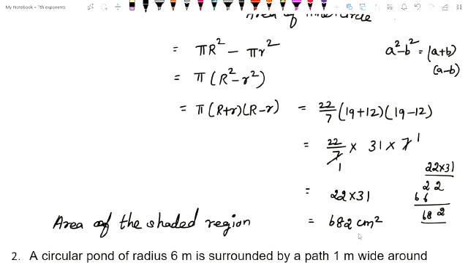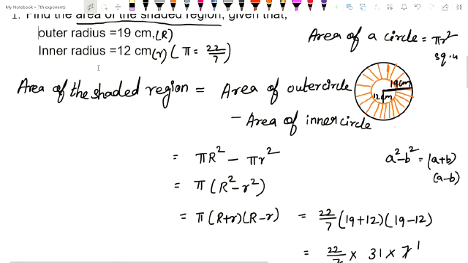I repeat this. Here the outer circle and inner circle are given. They are asking for the area of the shaded region. So what is the formula? Area of the shaded region equals area of the outer circle minus area of the inner circle. The area of a circle, what is the formula, children? Pi r square square unit.